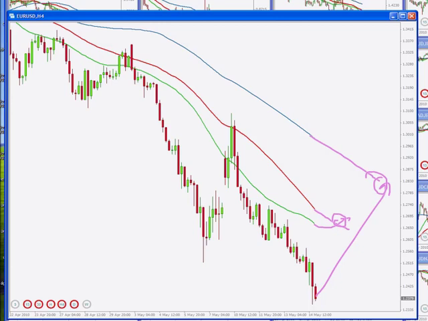Remember that the 3 SMAs are only there to pinpoint the trend, to mark the trending price action. And since we spot the trend on the setup chart, that means that the 3 SMAs are only significant on the setup chart. So no matter what the 3 SMAs look like on the trigger chart, that's totally irrelevant. You can even take them out of your trigger chart if you want.